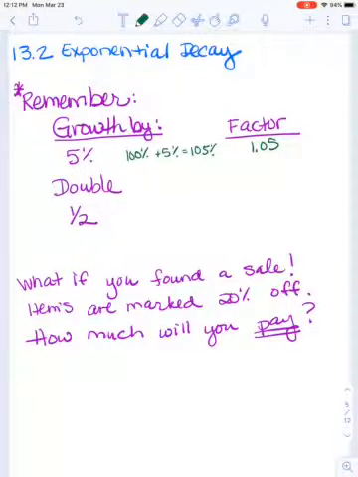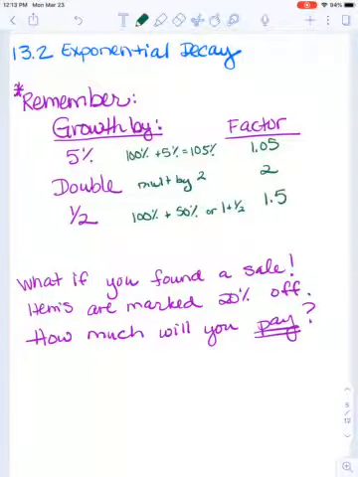Double would be multiply by 2, so that was our factor. And if it's growth by a half, that's 100% plus 50%, or 1 plus 1/2, so 1.5 is my growth factor. Basically what we're going to be looking at today is the reverse of that.